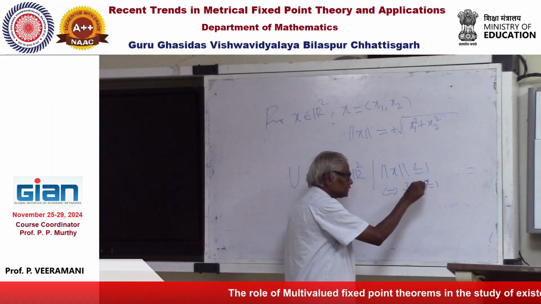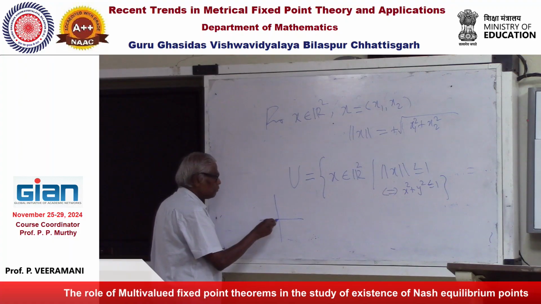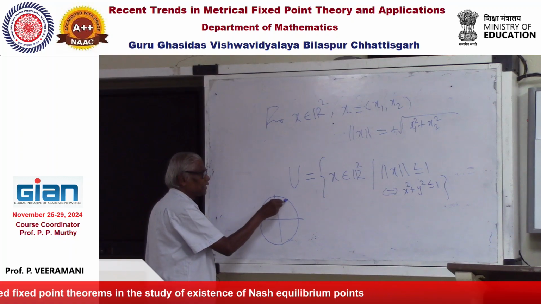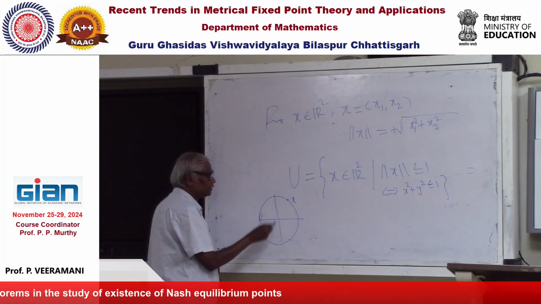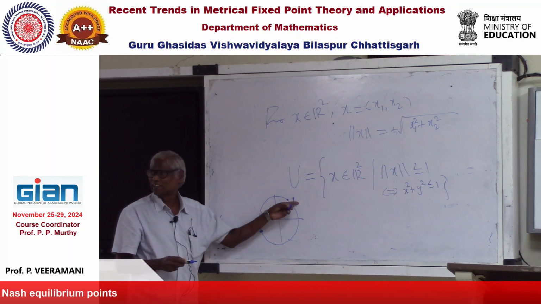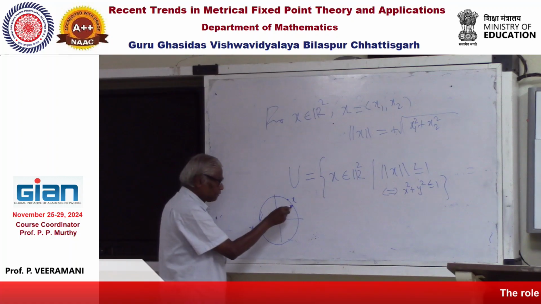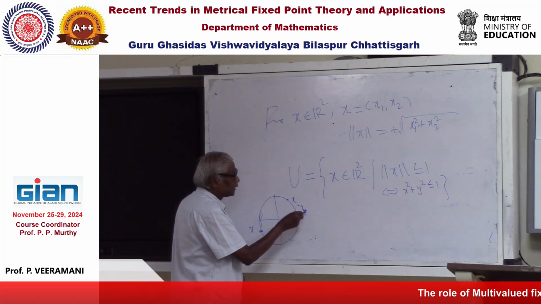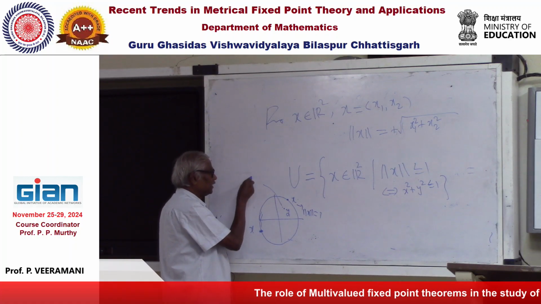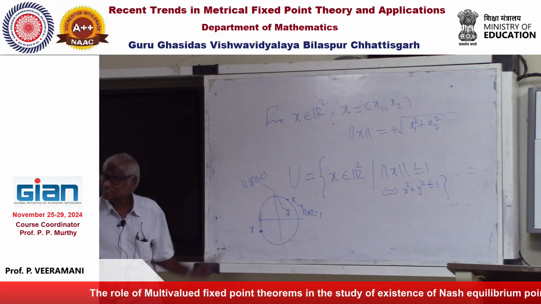Here we have less than or equal to, so that's why we get a ball. The circle, the unit sphere, equals 1. Suppose a point here, anywhere. Don't worry about the notation, x is understood as the variable. Here norm x is 1. Suppose some y is interior, then norm y is less than 1. This set is convex.